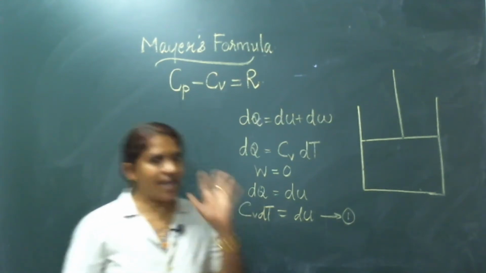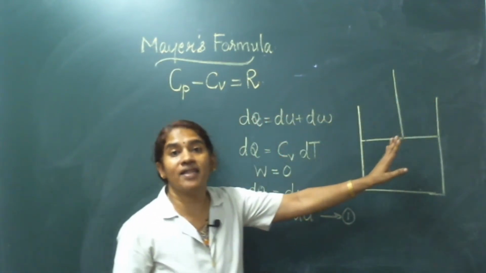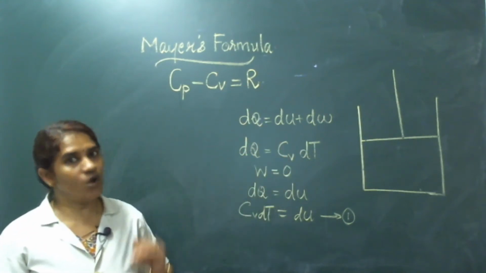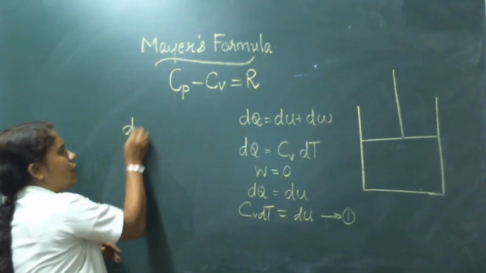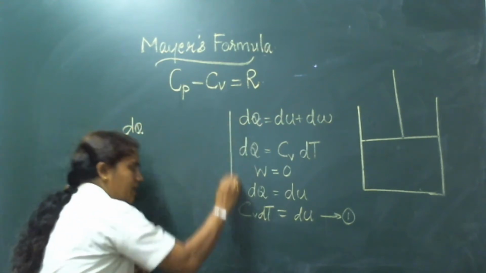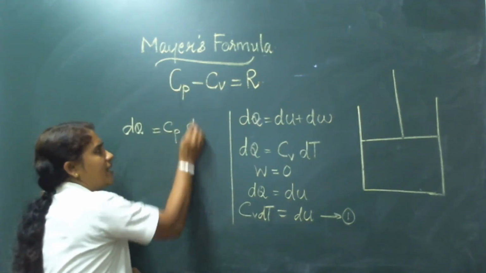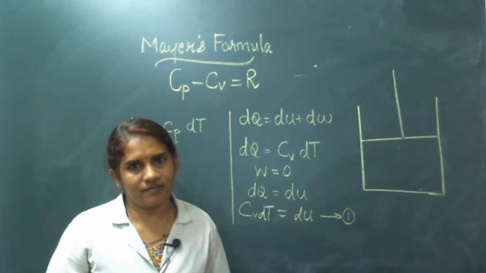Okay, one of the equations. Clear? Same thing, now removing the weight and all, we are going to expand the gas under constant pressure. Volume is changing. If it is under constant pressure, according to the same specific heat capacity term, we can write the heat as Cp into dT.